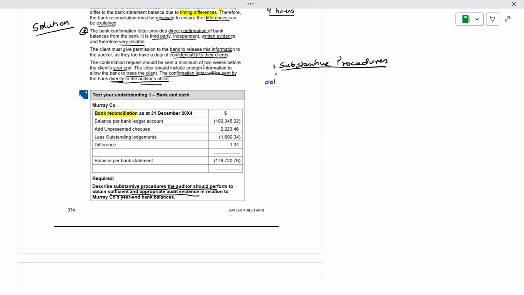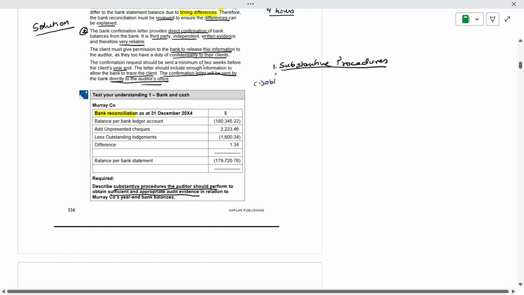When you are talking about a substantive procedure, the first thing you will do is obtain the bank reconciliation from the client. Okay, is it right? Listen carefully.